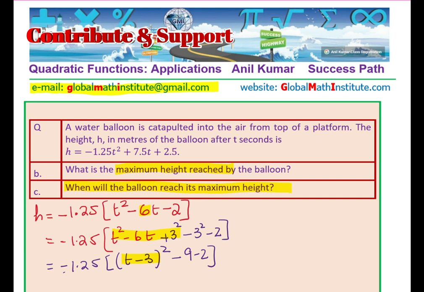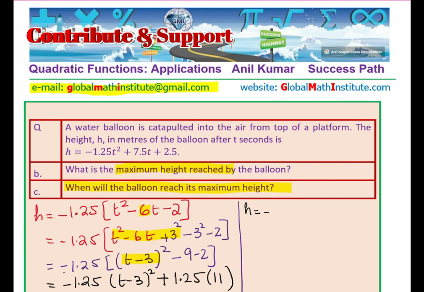Makes sense, right? Let's rewrite this as minus 1.25, open the bracket, times t minus 3 whole squared minus 11. Minus and minus becomes plus, so plus 11 times 1.25. Perfect. And you can now write down your vertex form of the equation and answer the question.